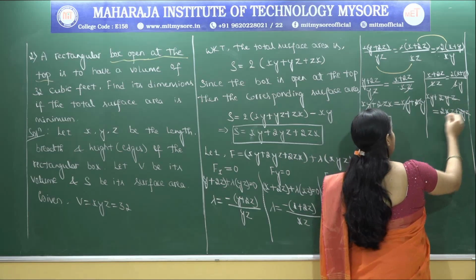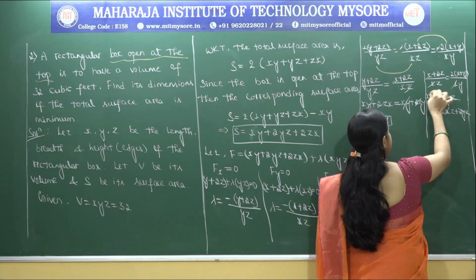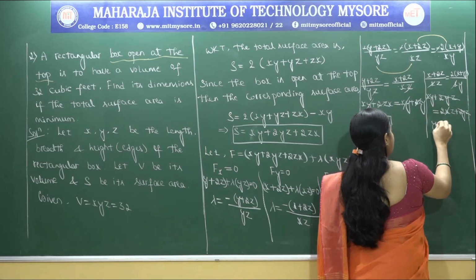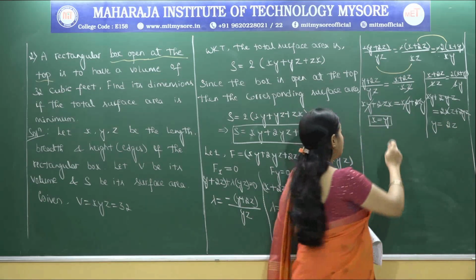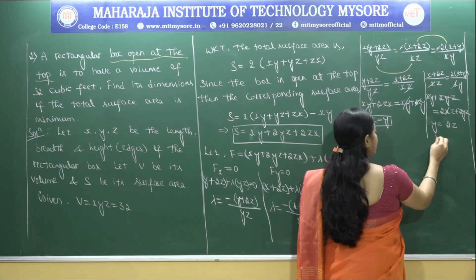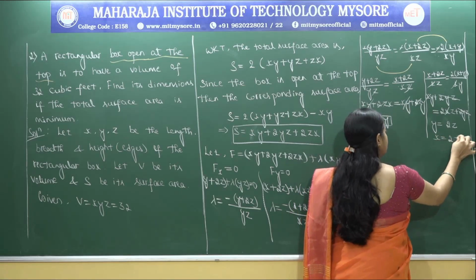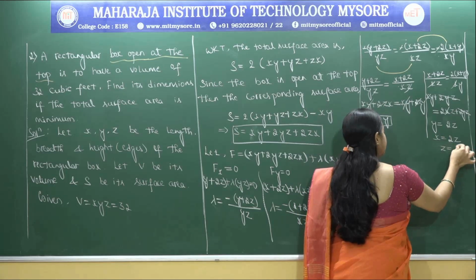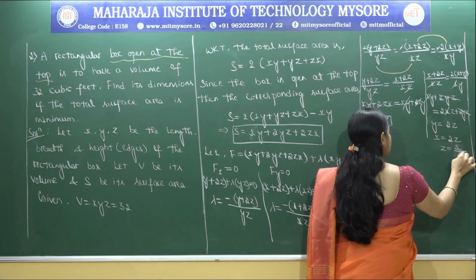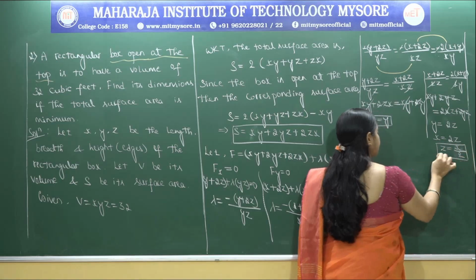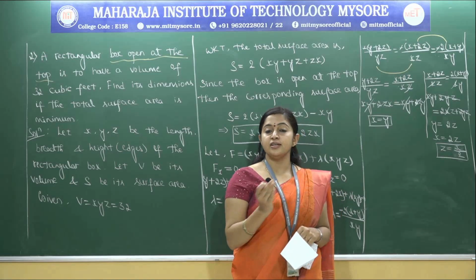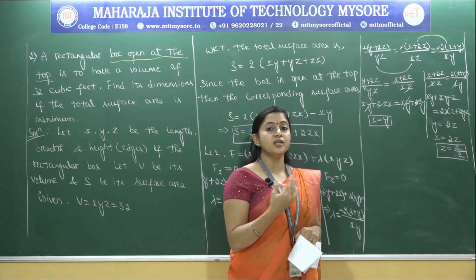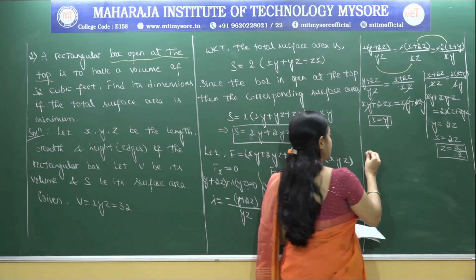Next, 2yz and 2yz get cancelled, x and x terms get cancelled. You can write y equals 2z. And you got y equal to x, so x equals y equals 2z, or you can also write z equal x divided by 2. Then substitute these x, y and z into the given condition, and you will get the stationary values.